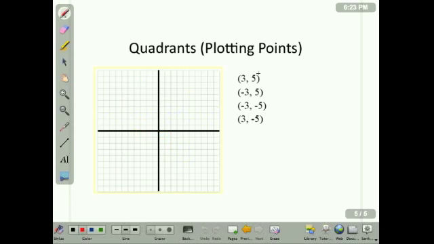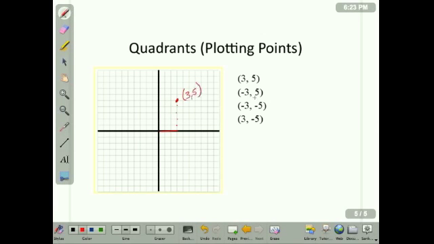So if we're going to plot this one, 3, positive 5, we would start at the origin and go 3, and then up 5, and we would label it.